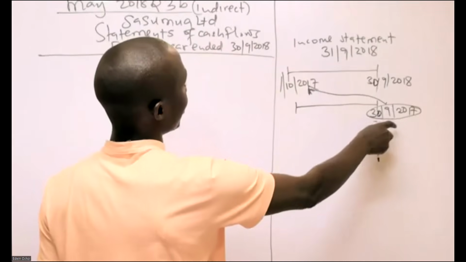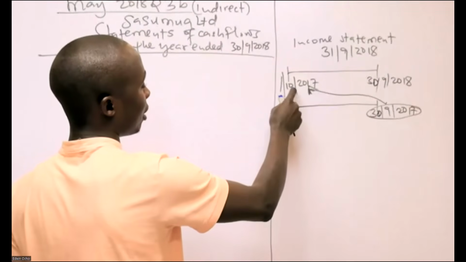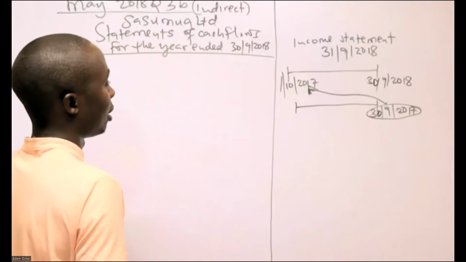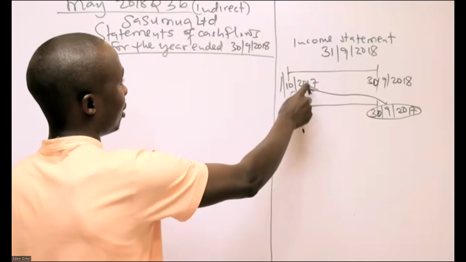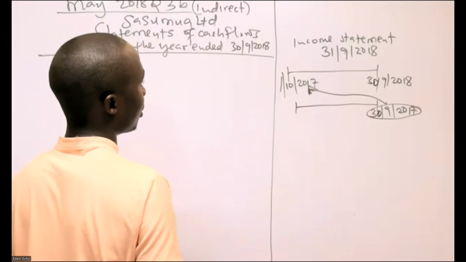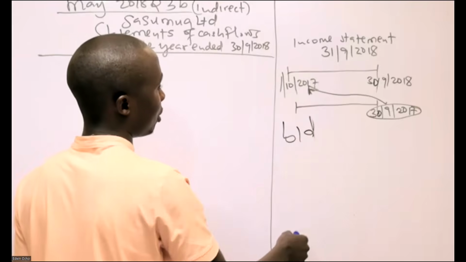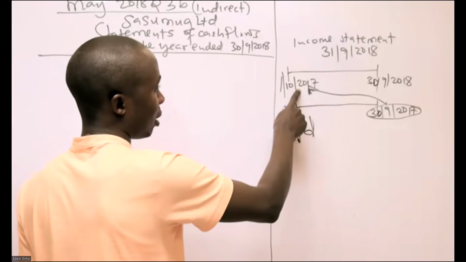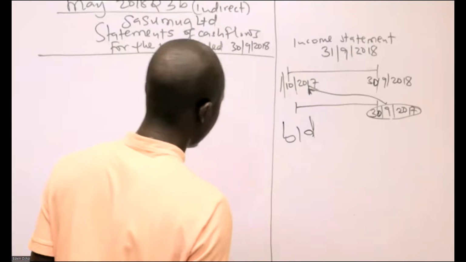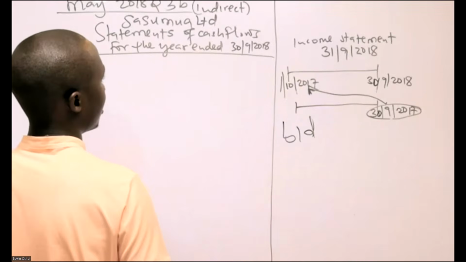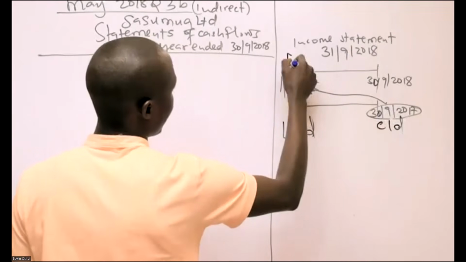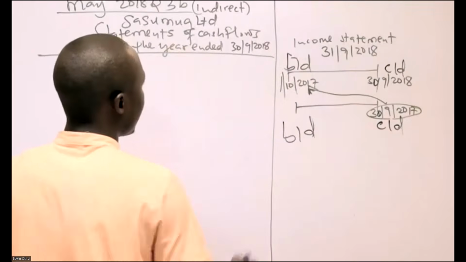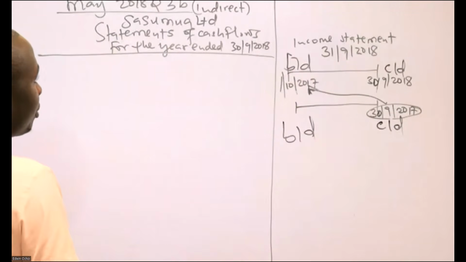The balances from 30th September 2017 are the ones for 1st October 2017. So when I mention something called balance brought down, you understand, I mean the ones which are opening this year, they are from the previous year. So here they are carried down, but here they are brought down. If there was a next year, you would have a carried down.